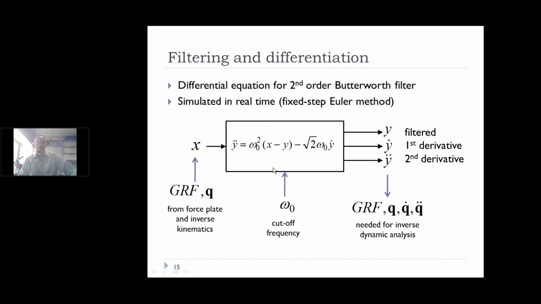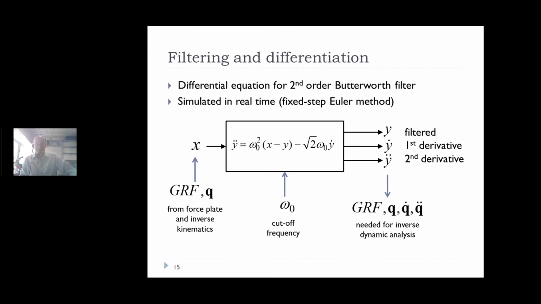And there's one parameter, which is the cutoff frequency. So we take the ground reaction forces and the kinematic variables, and then we run that through this filter, which we simulate in real time, and we get the filtered kinematics, and we also get the first and the second derivative, which we're going to need for the dynamic analysis. So that is the output of that filter.